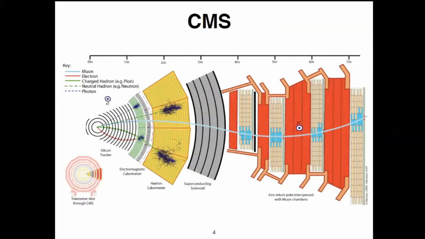Okay. We're doing this with the CMS detector, and though you've seen this many times, I should mention that the CMS detector works by using different subdetectors to piece together different particles. In particular, when we started this project, we wanted to look at just the electromagnetic calorimeter, which is this green stuff here. This is the ECAL, and its job is to record the energy deposits of either photons or electrons.